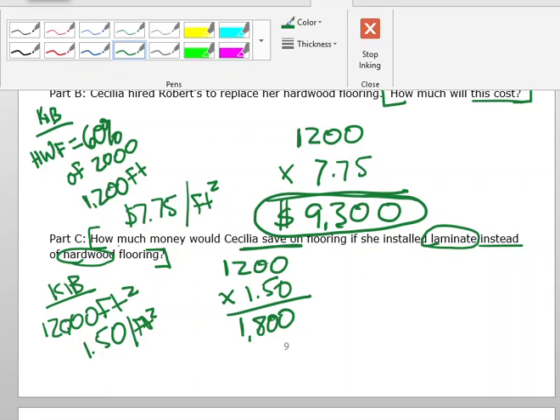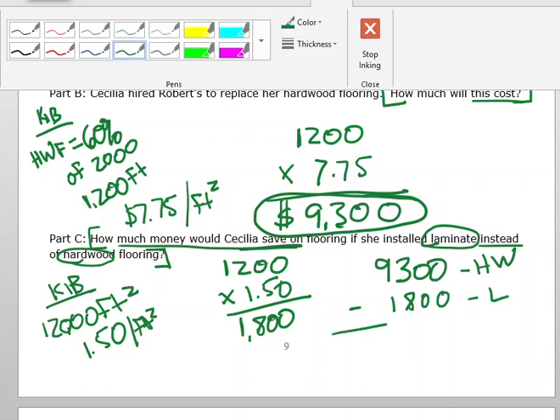But I'm looking for how much money Cecilia would save. So since I'm looking for how much she would save, I'm going to go 9,300, that's hardwood, minus the 1,800 that she would pay for laminate. So I go 9,300 minus 1,800.